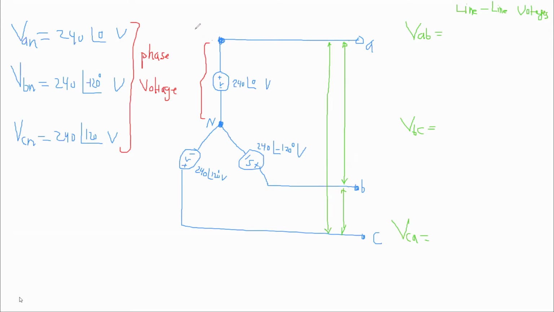This is the source, and these are the lines going to the load. So if it is the voltage between a line and another line, we call it line to line voltage. Now we're going to try to find what this voltage is.